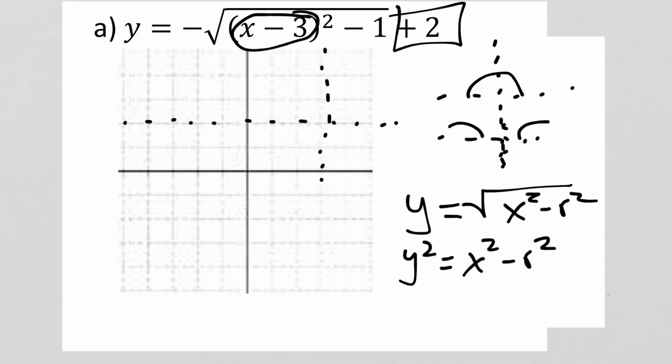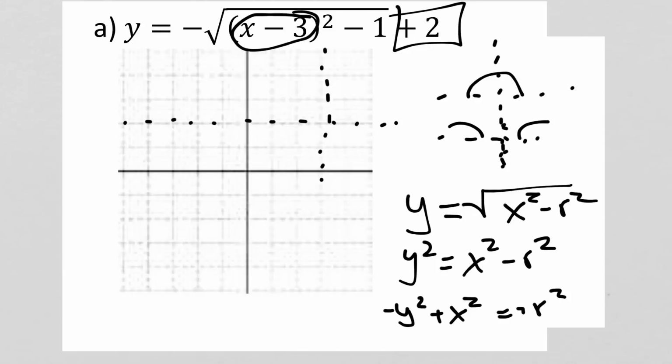When I get the x and the y on the same side, you can see that you end up with one of them having a negative in front. It doesn't matter that I still have a negative on the right side because I can make that positive. The key is that one of those has a negative on it, which means we have to be talking about our semi-hyperbola. So when I graph this in, I've shifted it right 3.